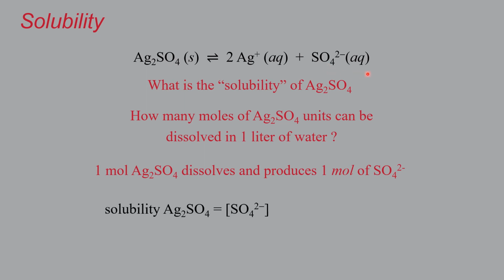So you can say that the solubility of silver sulfate is equal to that equilibrium concentration of sulfate, which is 0.015 moles per liter. This is something we'd call a sparingly soluble salt. There are many salts that are far, far less soluble than that.